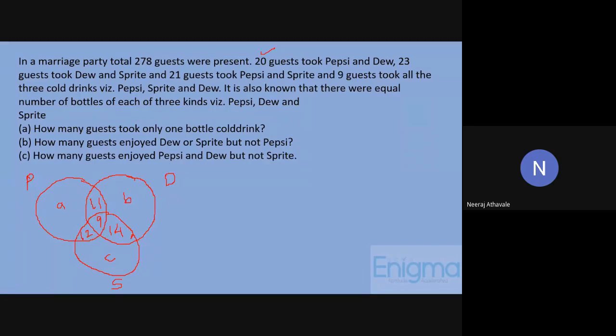Now just assume that everyone has at least one drink. So how many total bottles consumed? Okay, now this part is tricky. I'll just tell you how do we get the total bottles.